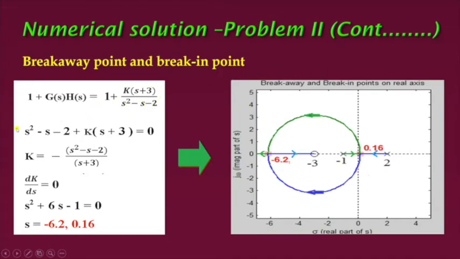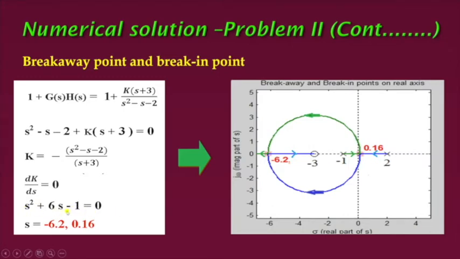From this equation we calculate K, so K = -(s² - s - 2)/(s + 3). Then dK/ds = 0. Differentiating K with respect to s, the final equation is s² + 6s - 1 = 0.